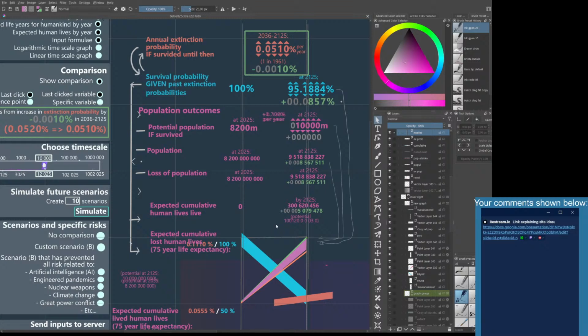So now it depends on what I want to have in the graph.